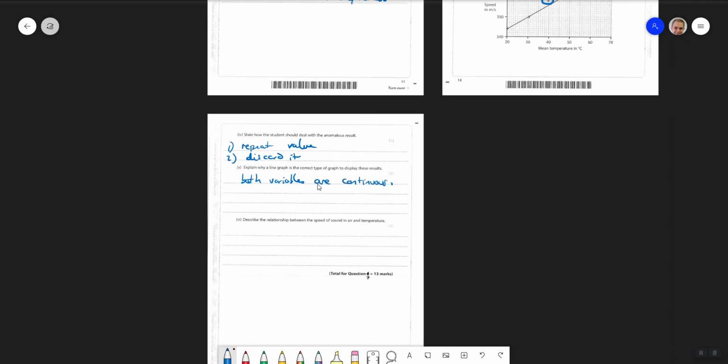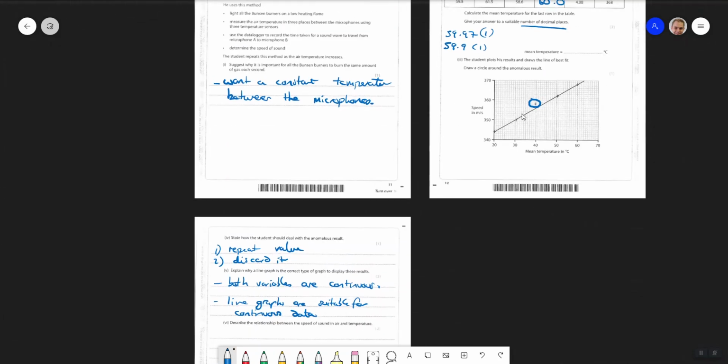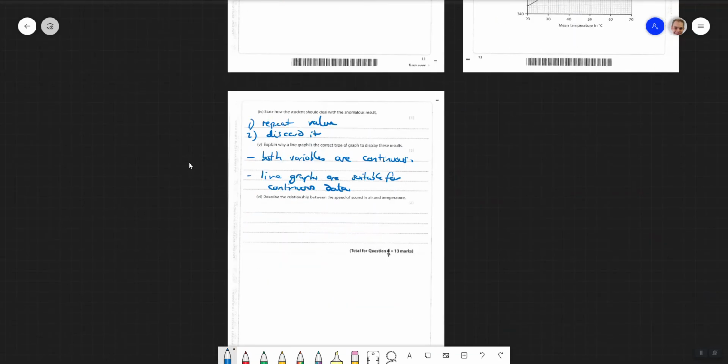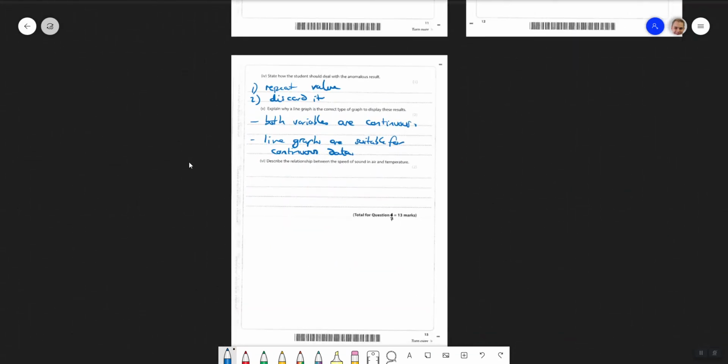Okay, and that is what line graphs are for. So you can have your range. If we look at the thing here, we're going up 20 to 70, and we're going up 33, 43, 70. So we are changing this, and there can be all the points in between. So it's continuous data.